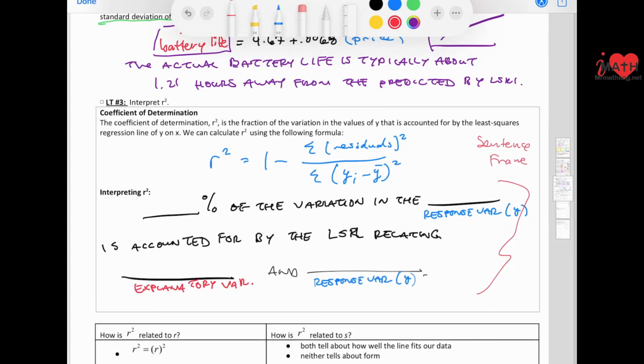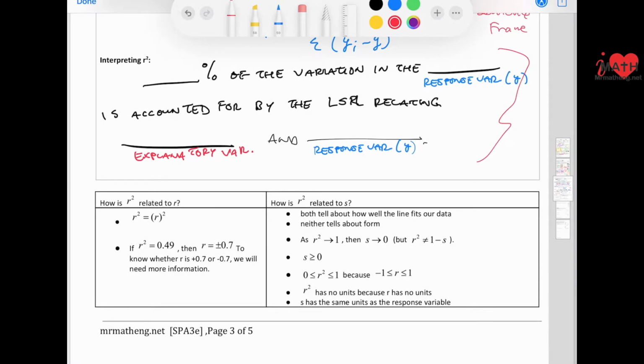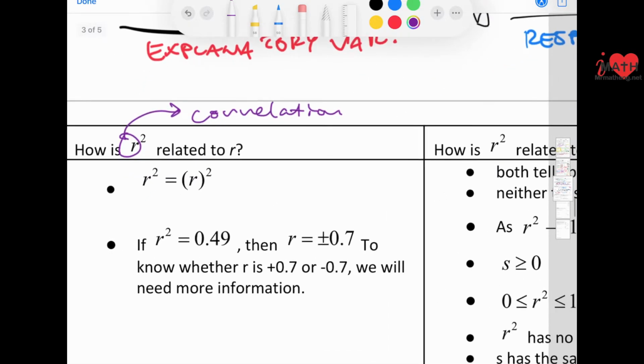Okay, a couple of quick facts about coefficient of determination. Remember, we talked about that. What is R? R is the correlation. How strong the relationship is between X and Y. So, if you just square the correlation, then you get the coefficient of determination.